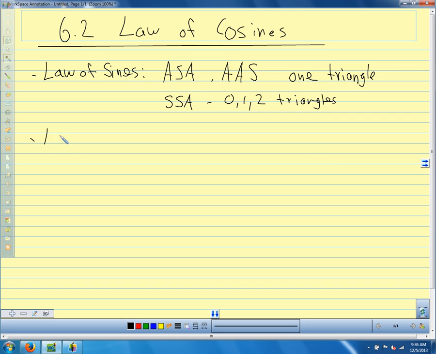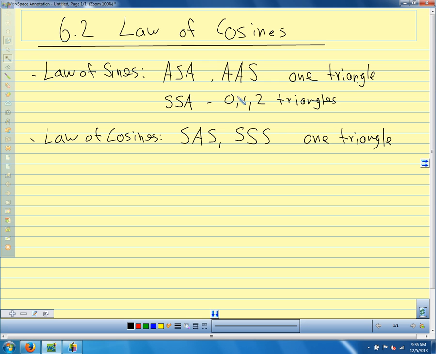We're going to use the law of cosines for two other kinds of triangles: a side-angle-side triangle and a side-side-side triangle. And these always give us one triangle. If you remember back to geometry, we had the side-angle-side and the side-side-side theorems for showing triangles were congruent.